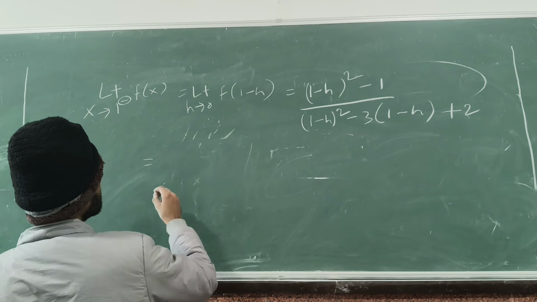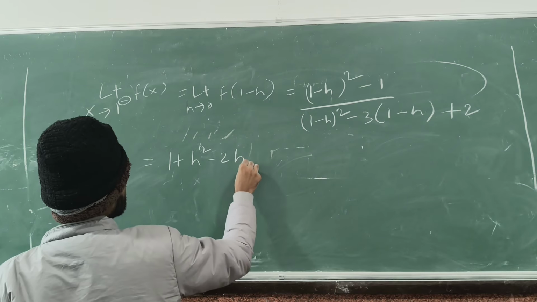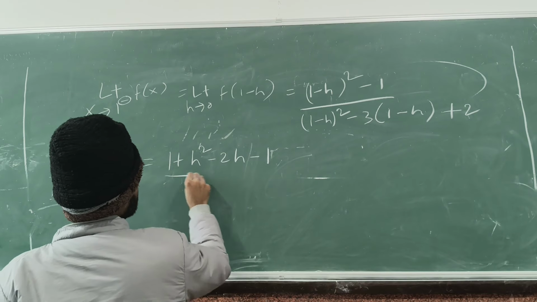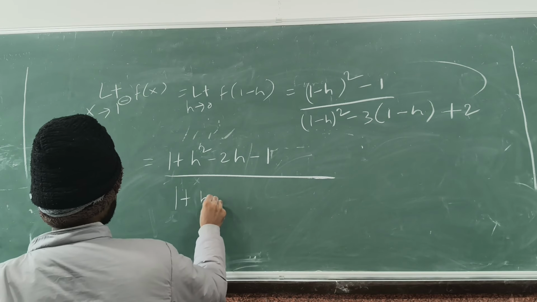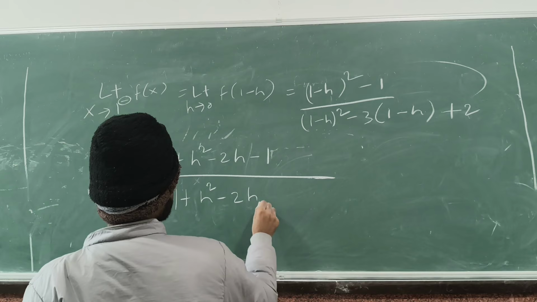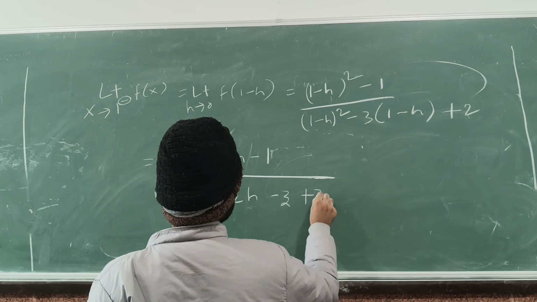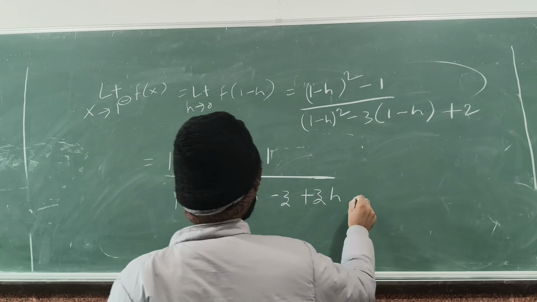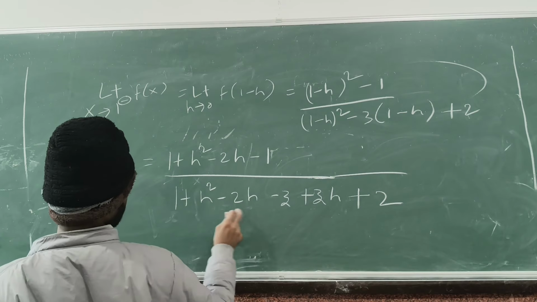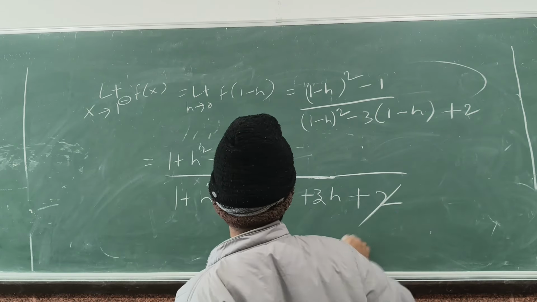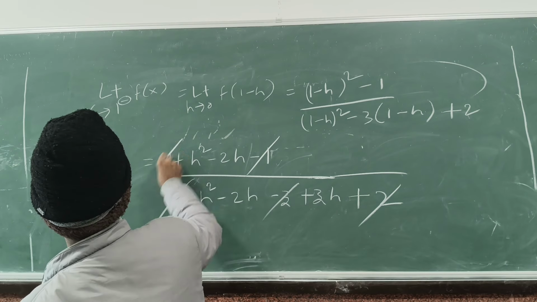The numerator we can write as 1 plus h square minus 2h minus 1, and the denominator as 1 plus h square minus 2h minus 3 plus 3h plus 2. 1 minus 3 plus 2 cancel out, 1 minus 1 cancel out.